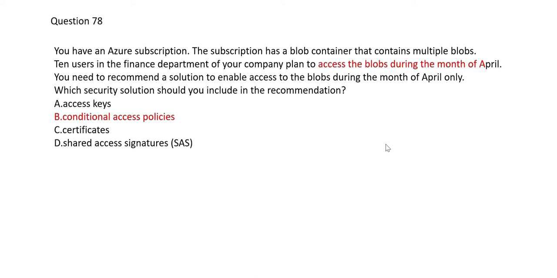An external user should get a multi-factor authentication request, so you can do it through conditional access policies. Here all users will need to access the blob storage in the month of April. There is no if-then required. There is no use case where it says users from Bombay need to access it and users from Bangalore need not access it. There is no such requirement.